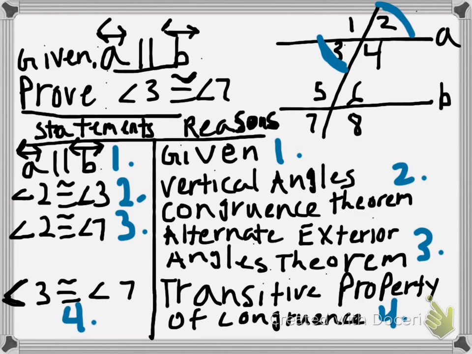Now, if you look at these two statements, statement number 2 and statement number 3, we see that angle 2 is common in both. And we can use the transitive property of congruence, which is step number 4, to say that angle 3 is congruent to angle 7. So this is actually a very simple proof, because it's only 4 steps long.